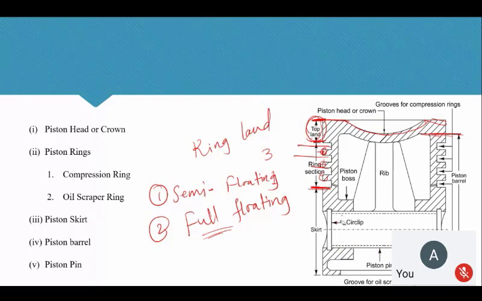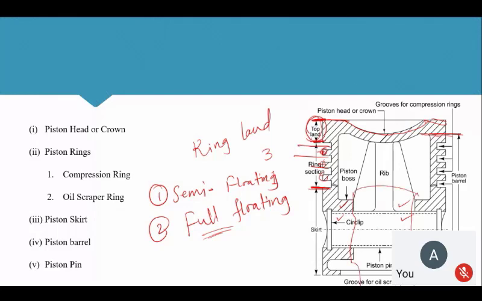See what I'm saying? The full floating type of pin is one in which the lateral motion between the gudgeon pin and the boss, as well as the connecting rod and the pin, is allowed, because here you are going to have the connecting rod fixed.